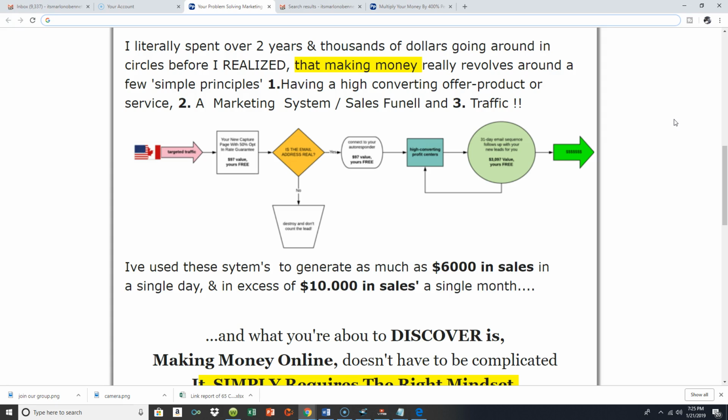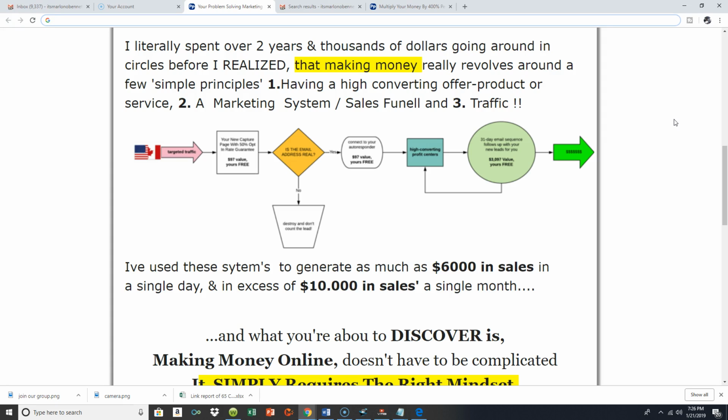And so I talk about problem solving. So when you think about your automated marketing system and sales funnel, think about something that solves a problem. In fact, I talk about three simple steps of doing it: having a high converting offer, that product or service could solve a problem, a marketing system, and the sales funnel and the traffic is what makes this actual automated marketing system and sales funnel work, right?